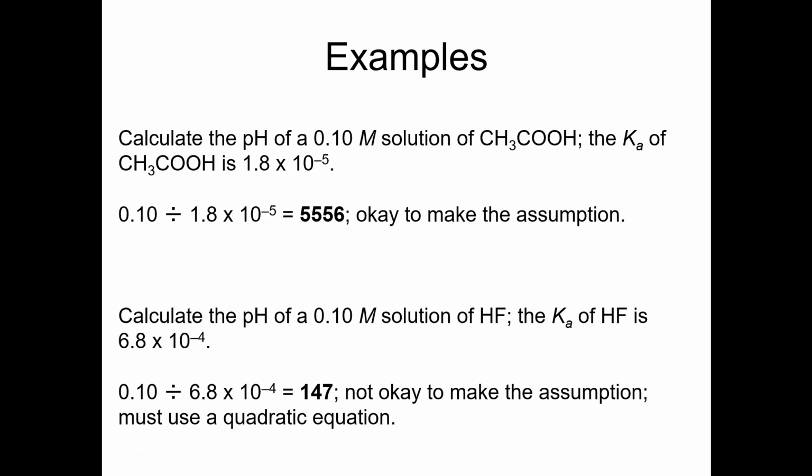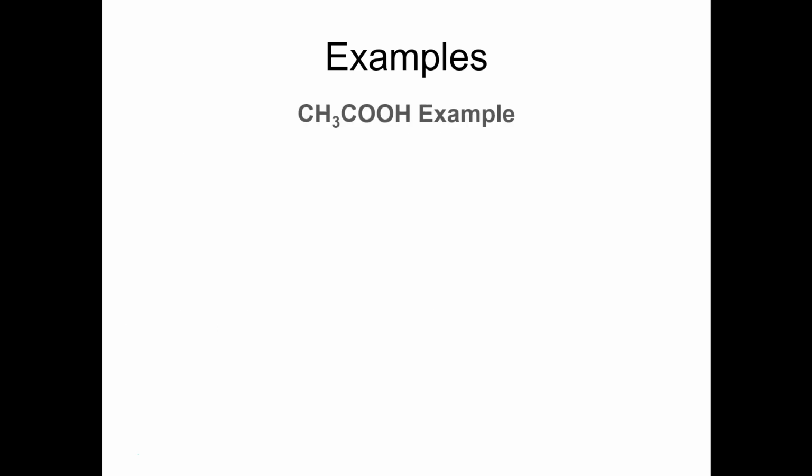And so without drawing this out into excruciating detail, let me just prove to you why this works or doesn't work, as the case may be. If I take the acetic acid example and simply assume that x is negligible, and therefore 0.1 minus x just becomes 0.1, I solve that and I get a value for x of 1.3 times 10 to the minus 3.